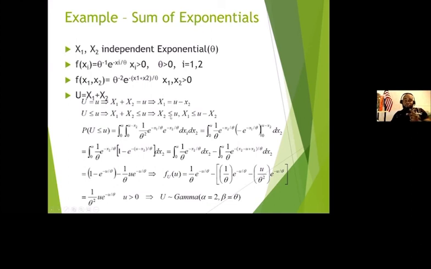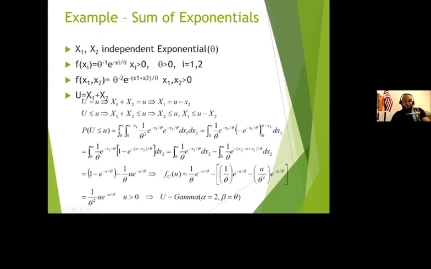Why? Because what I have is a function of x1 and x2. If I had x1, x2, x3, going to a new variable would mean triple integrals. But right now, going from x1, x2 to u, I'm going to have two integrals.